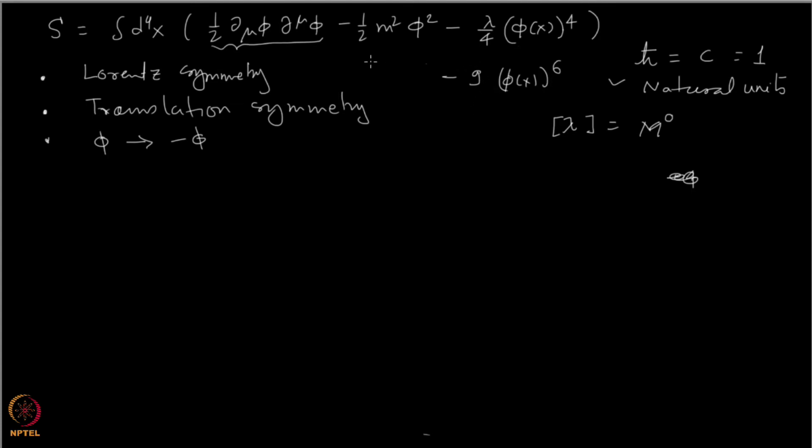Okay. So whenever you are adding a new term in the action, you have to introduce a new parameter. This is lambda, this is g. You have to introduce new parameters because there is no reason why the coefficient of this operator should be the same, or a factor of 2 or 3 or whatever, as for this operator.